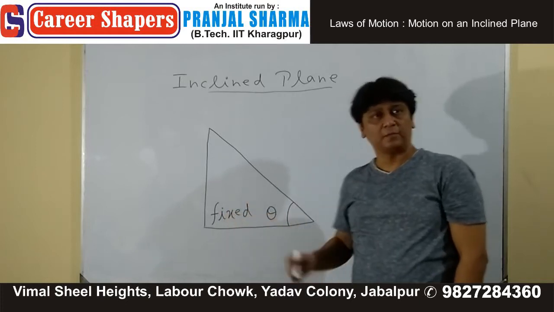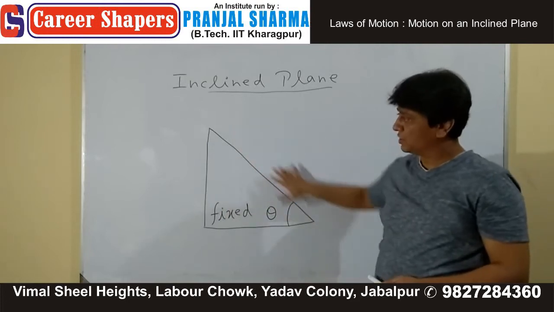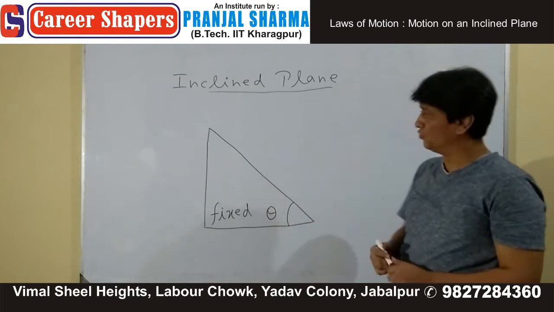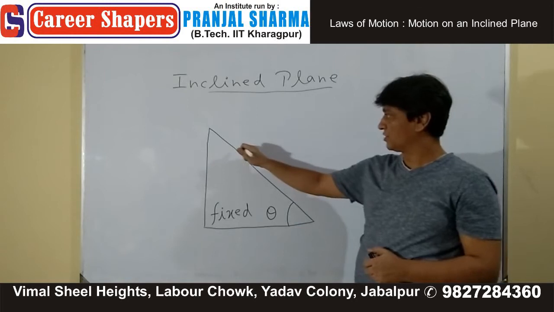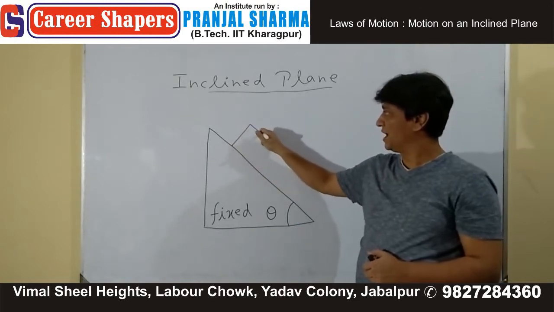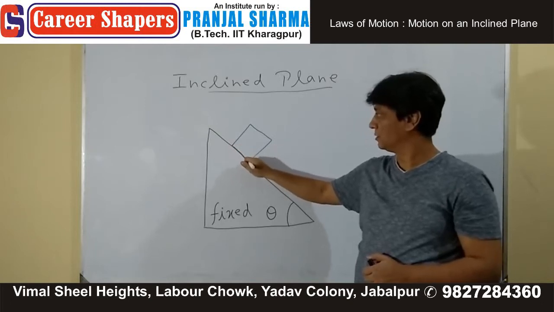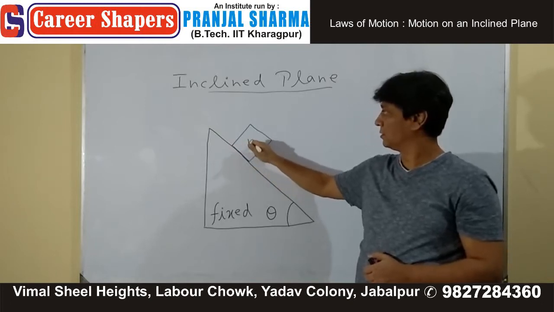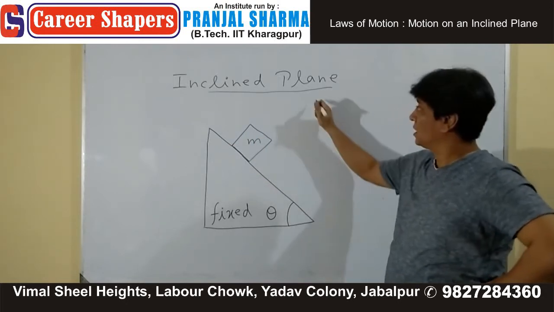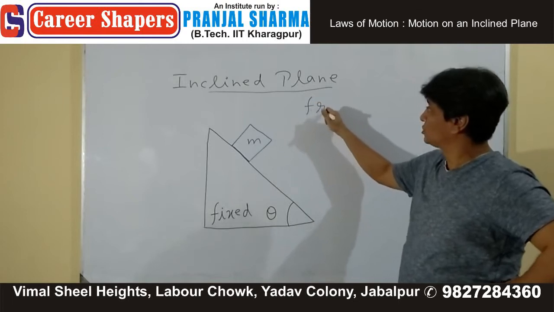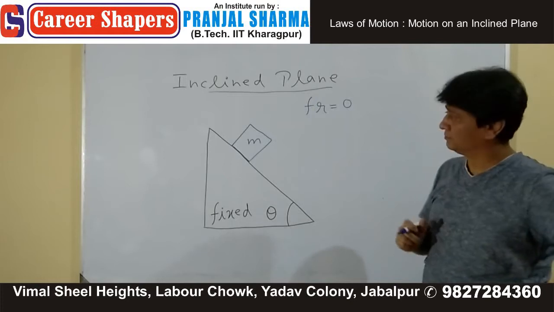Later on we'll see the incline which can also move. But as of now, this surface does not move. On top of this surface, we have an object of mass m. And remember, unless I say there is no friction, it is zero.